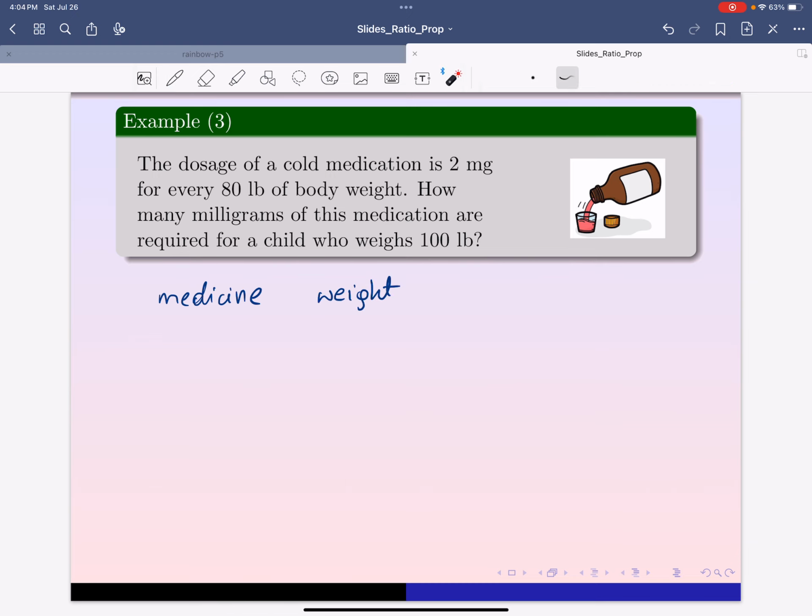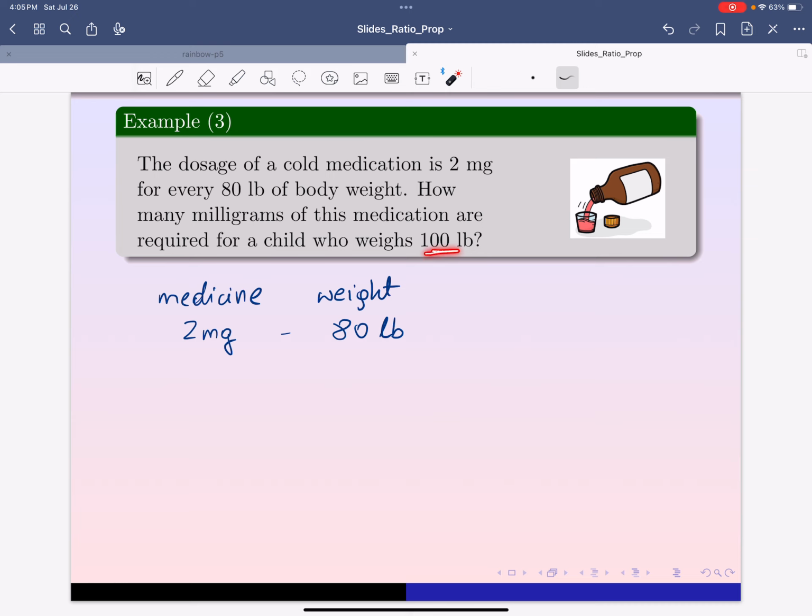So we see that 2 milligrams of that medicine is for 80 pounds. Now, how many milligrams of medication are required for a child who weighs 100 pounds?